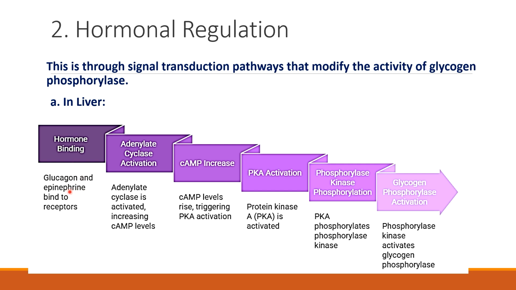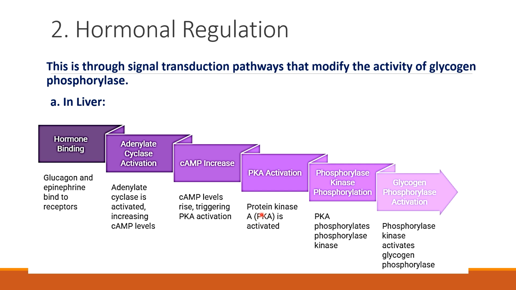These hormones bind to the receptors and activate adenylate cyclase, which increases the cyclic AMP levels. The cyclic AMP in turn activates protein kinase A, which phosphorylates phosphorylase kinase enzyme.